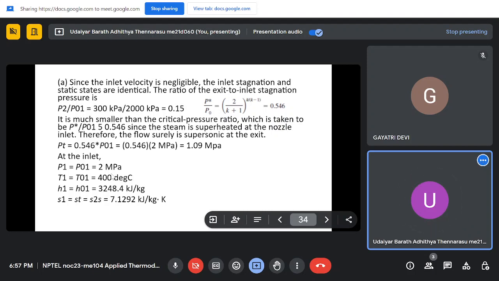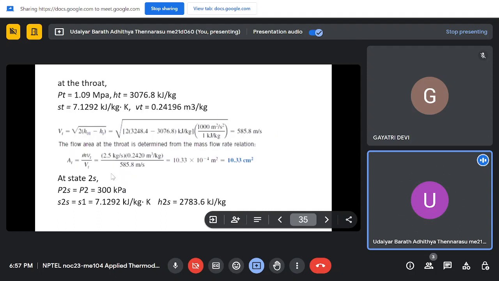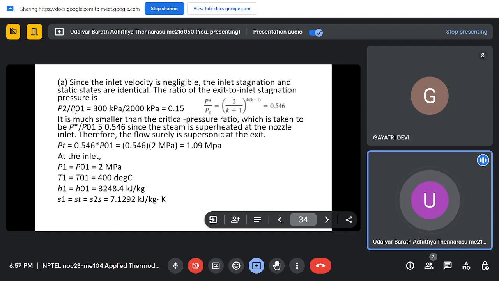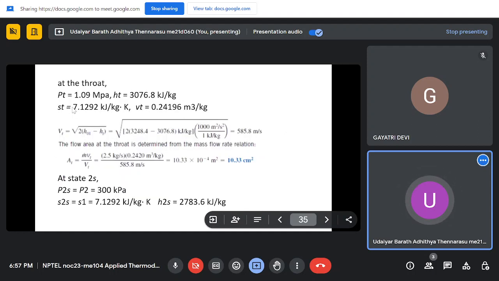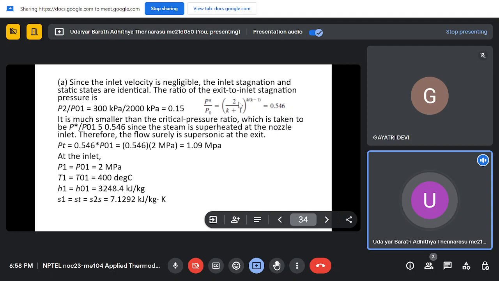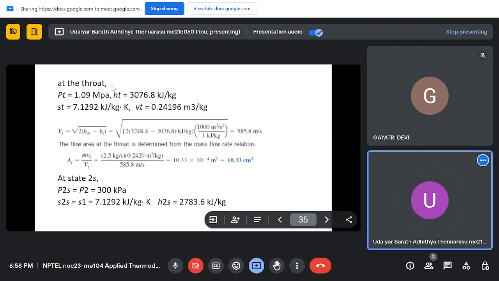Now when this passes through the converging section and reaches the throat, this happens isentropically, so your entropy will be the same. So for the throat entropy equal to the inlet entropy and a pressure of 1.09 megapascal, which we calculated using the critical pressure ratio, the enthalpy and specific volume are also calculated.